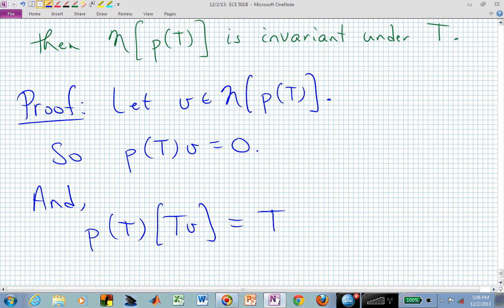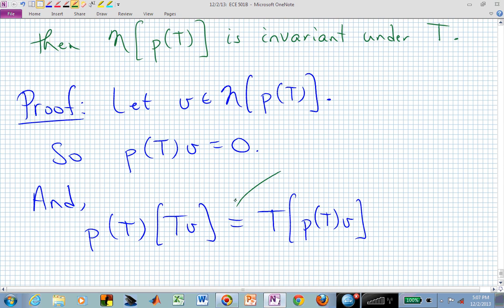T commutes with anything in P of T, meaning that's how I can slide T to the left or through this P of T. So now I have T operating on P of T V.